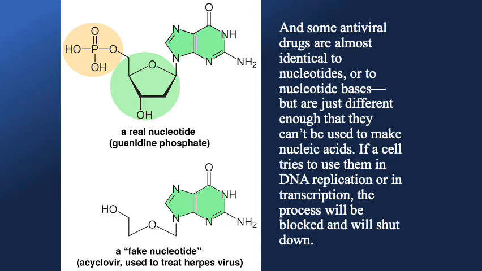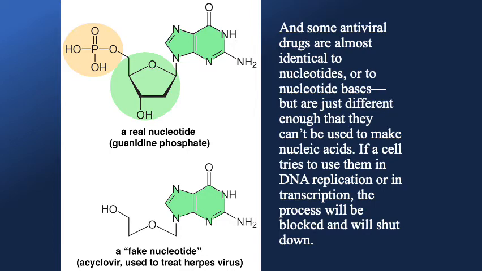You can see the phosphate group is in tan, and the deoxyribose sugar is in light green, and then in brighter green you have guanine, the base, the one we abbreviate G. If you look at the bottom, you can see a compound called acyclovir, and it's got a guanine base, and it's got a fragment of that sugar, but it doesn't have the whole thing.